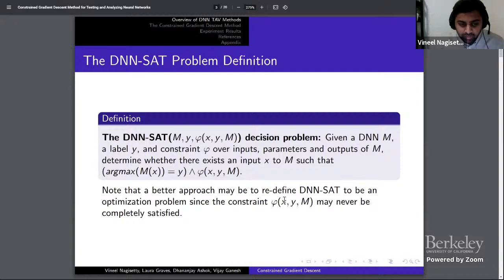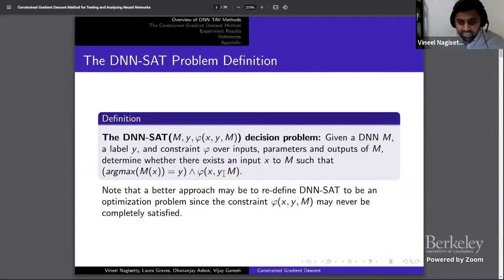Given a DNN model M, a label Y, and constraints phi, which are over the inputs, the parameters, and the outputs of the model, determine whether there exists an input X to M such that M labels X as Y and phi holds true. While this is simple, you can imagine that we can encode many types of constraints here. In the next slide, I'll give an example.